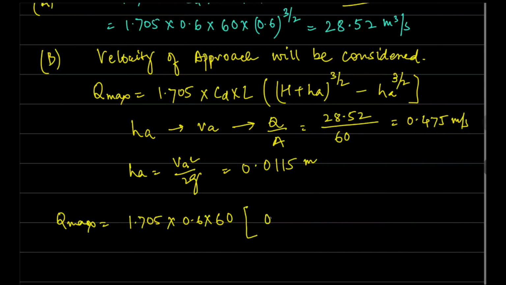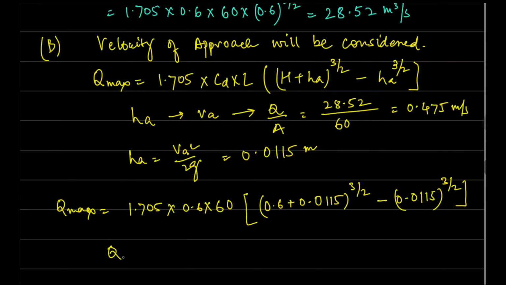So this is the 0.6 plus 0.0115 raised to the power 3 by 2 minus 0.0115 raised to the power 3 by 2. That will give us the value of Q max.